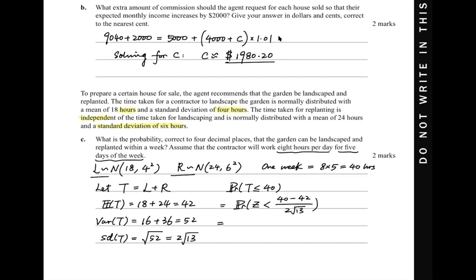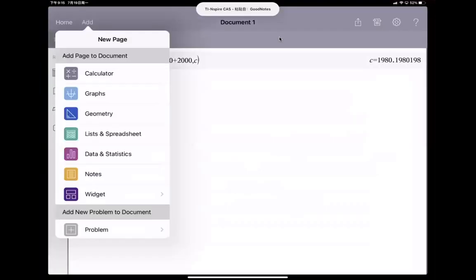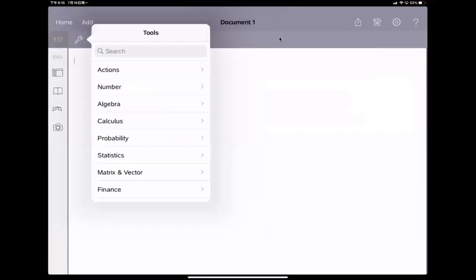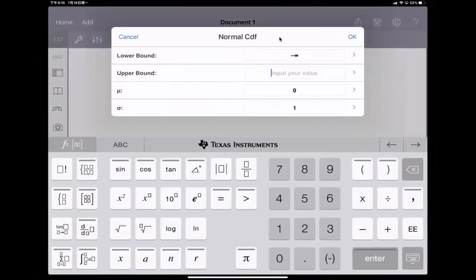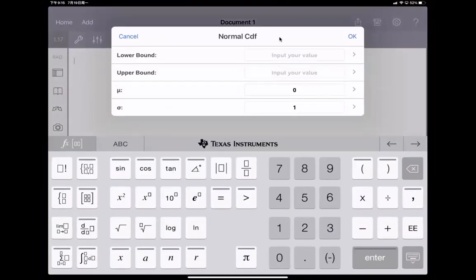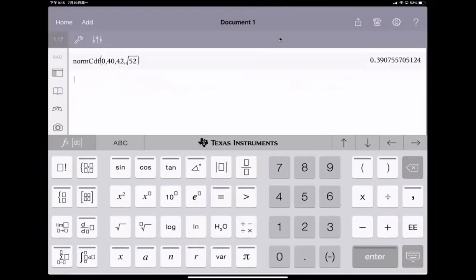I guess I need to use normal CDF, probability distribution, normal CDF. The time must be greater than 0, but less than 40. 42 is the combined mean value, and the square root of 52 is the combined standard deviation.